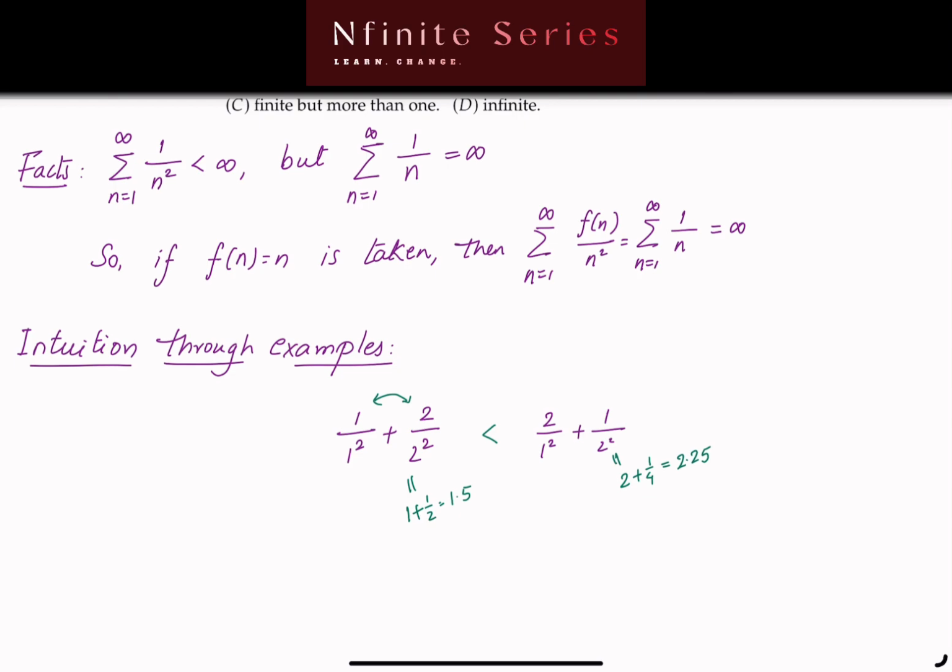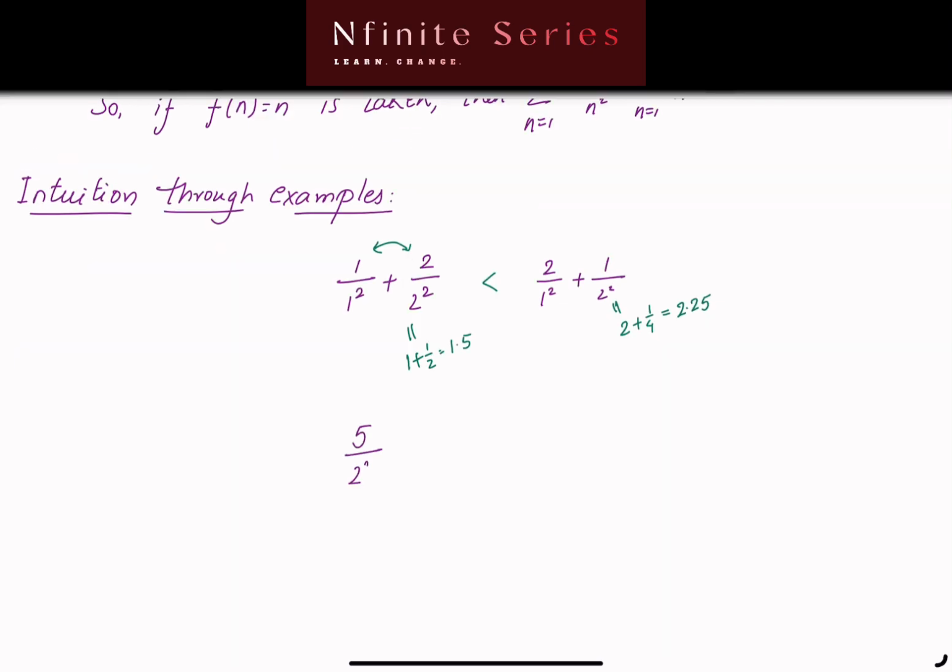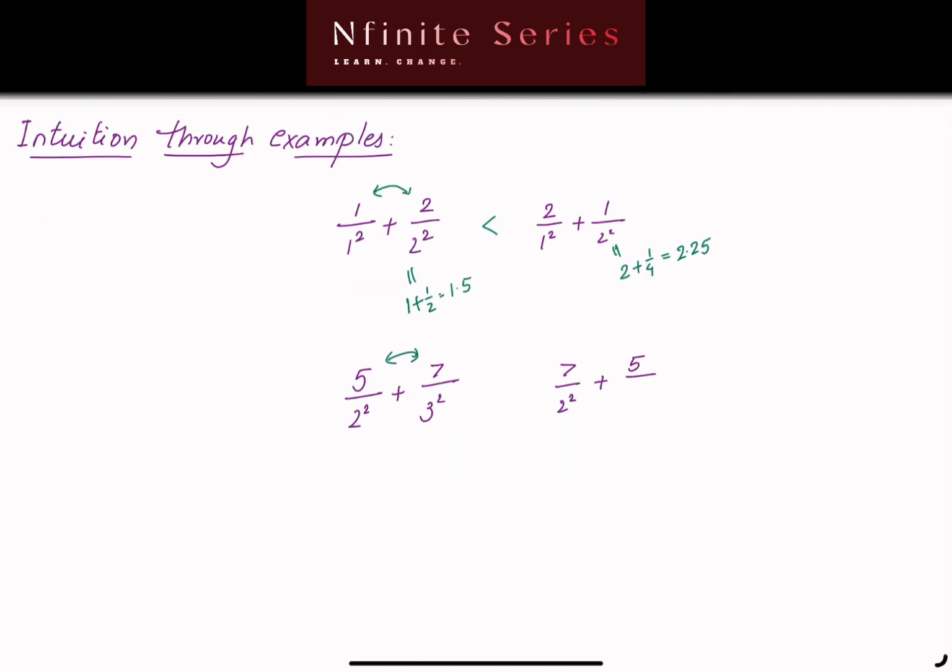Let's keep that in mind and look at another example. In this case, we consider 5 by 2 square plus 7 by 3 square. Again, in this example, we can see that the numerators are in their natural position, meaning the smaller numerator 5 is with the smaller denominator 2 square. Right, let's see what happens again if we switch the numerator position from natural to unnatural. We get this sum: 7 by 2 square plus 5 by 3 square.